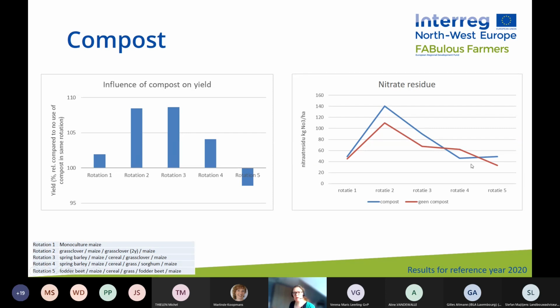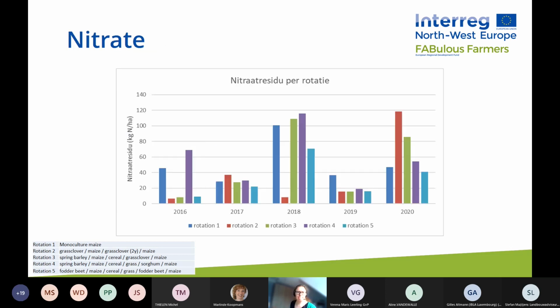And then when we take a look at the nitrate residue in these plots, we saw always a lower nitrate residue without the use of compost, but when you take a look at the differences, we see much more difference between the different rotations than compared to the use or no use of compost.